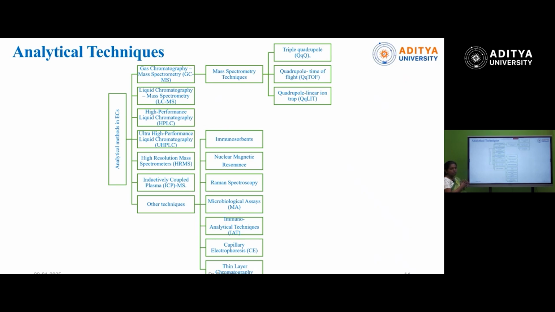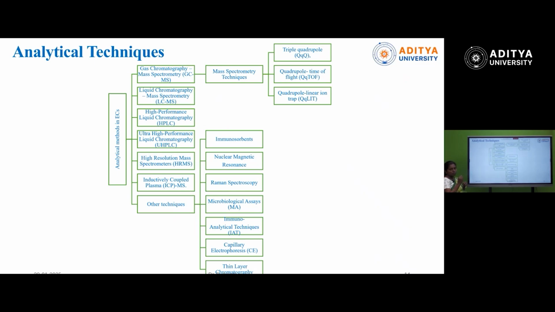So what is mass spectrometry? It is used to find the degraded products. Generally, liquid chromatography and GCMS are used to find the transformed products or metabolites, so that we can detect them with the help of mass spectrometry. In that also, you can see three classifications at a very high level.